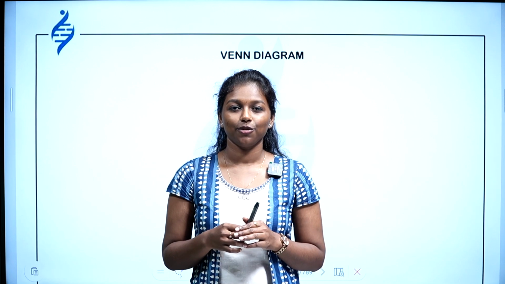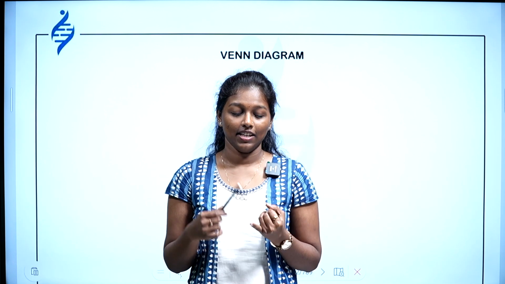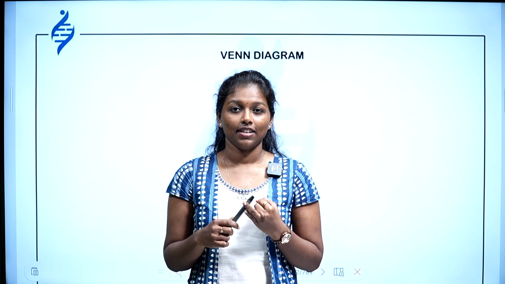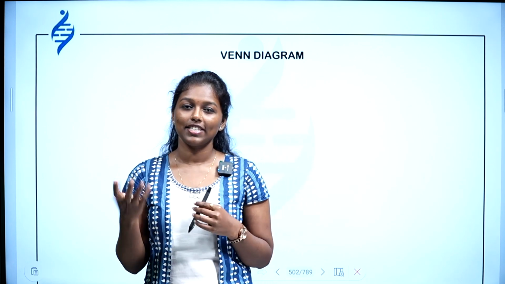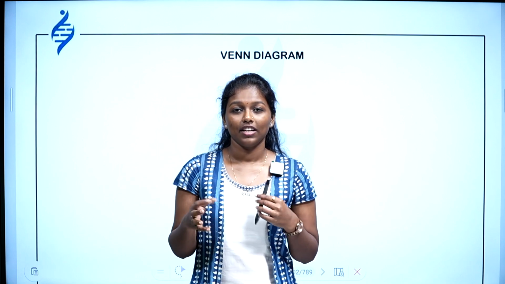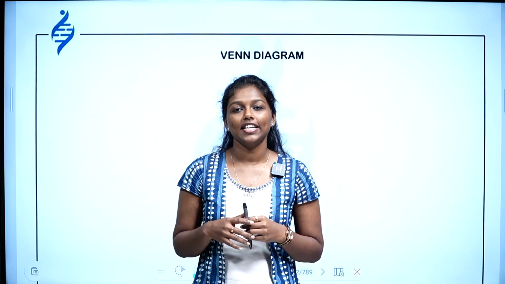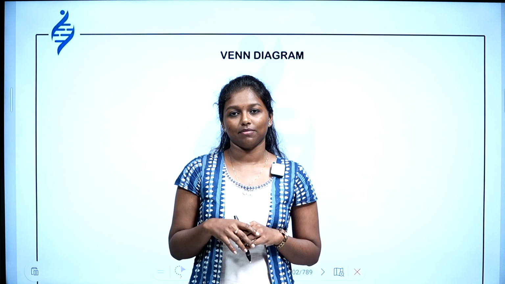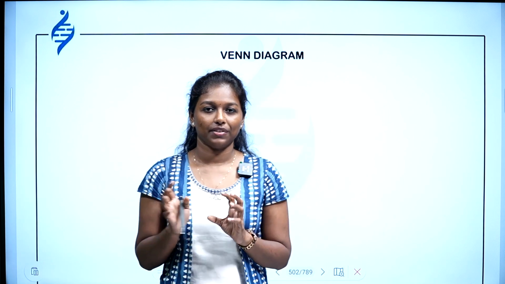Till now you have learned about graphs, bar graphs, then pie charts and different pictographic representations, right? To represent data we know different kinds of graphs. Similarly, to represent a set, if a set is given, you need to represent it in a pictographic way.